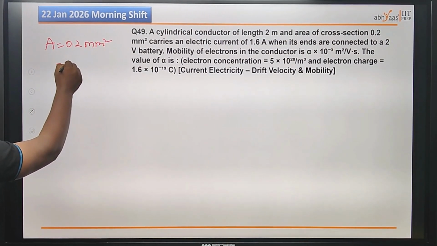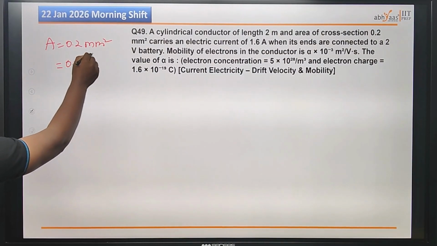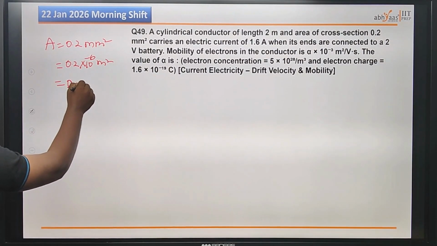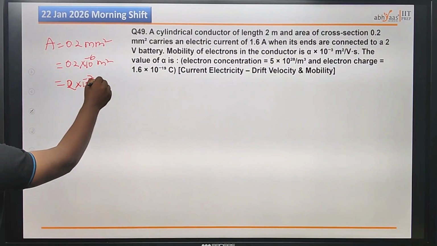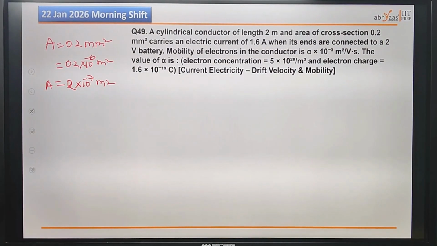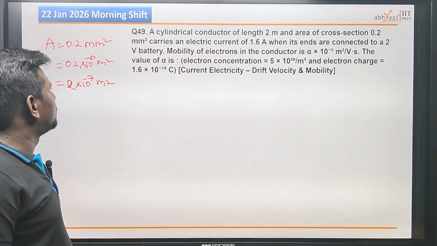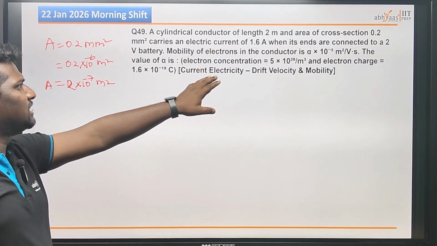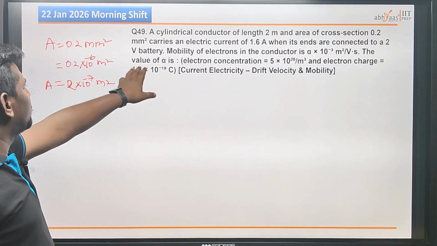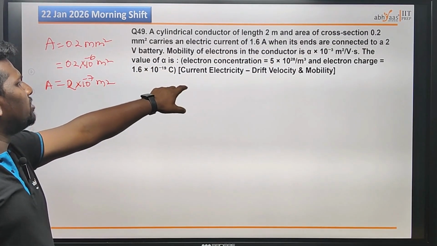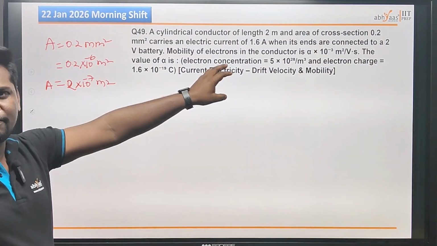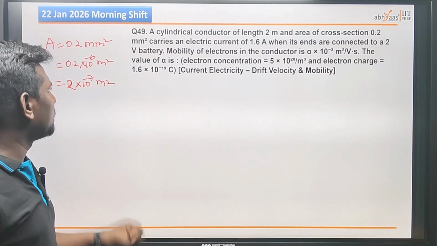If you write it, 0.2 into 10 to the power minus 6 meter square, or 2 into 10 to the power minus 7 meter square, this is our area. It carries an electric current 1.6 amperes when its ends are connected to a 2 volt battery. The mobility of electrons in the conductor is. So they have given some value, you have to find the alpha value.